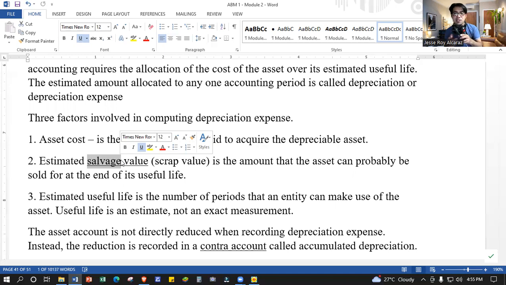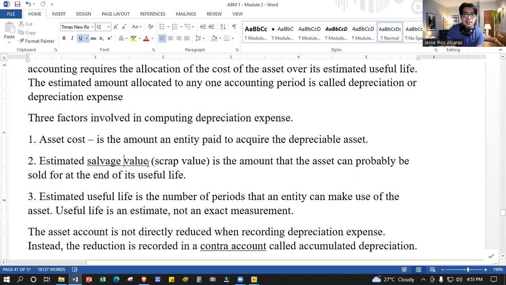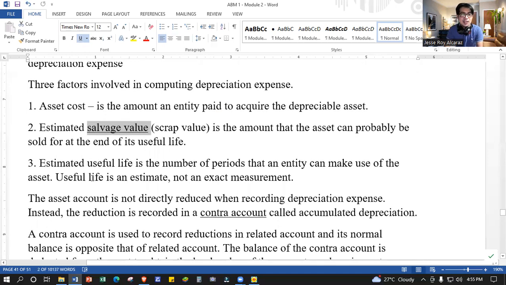And then after 3 years, let's say, pwede mo pa siyang ibenta ng 3,000 after using it for 3 years. So, katong 3,000 dito, that's the scrap value or the salvage value. It is the amount that the asset can probably be sold for at the end of its useful life. And number 3, the estimated useful life. So every long-lived asset should also be identified kung pila nimo siya katuig gamiton.